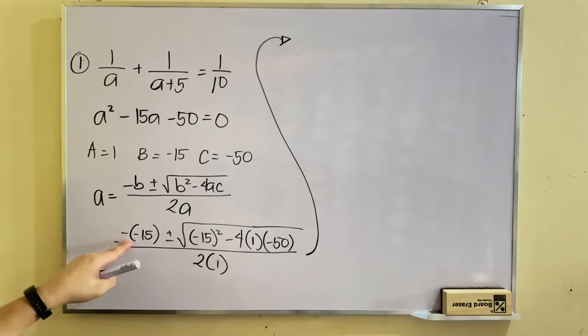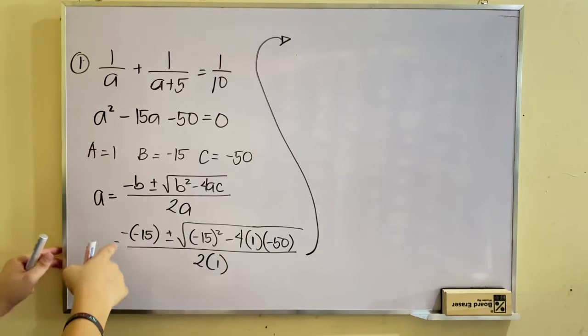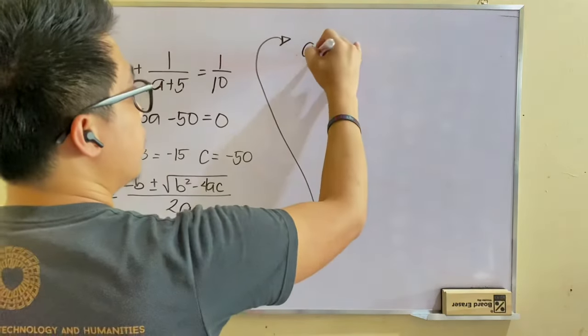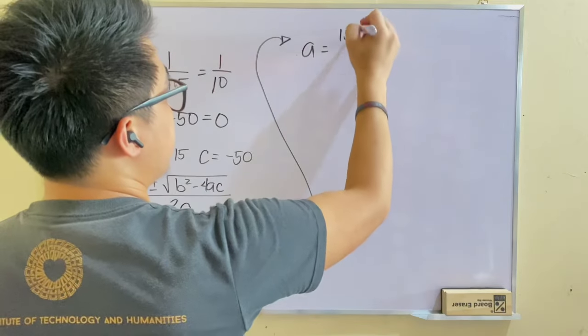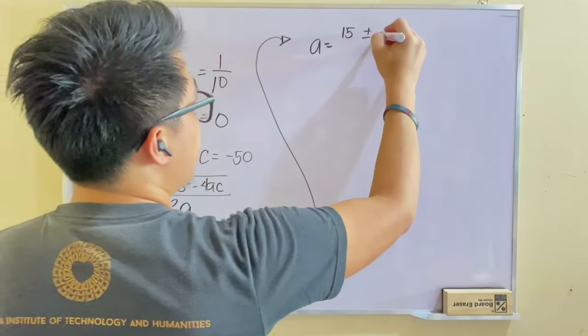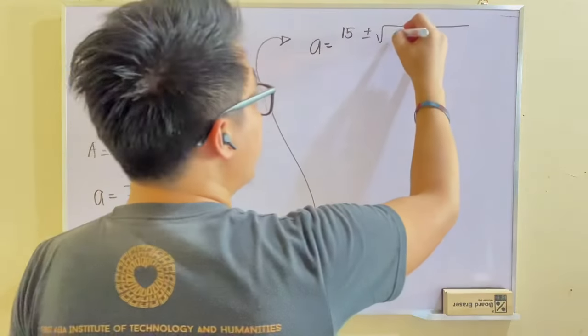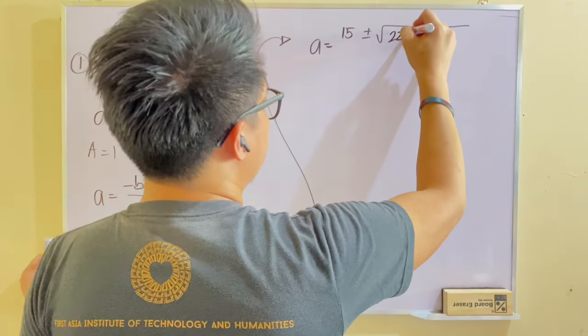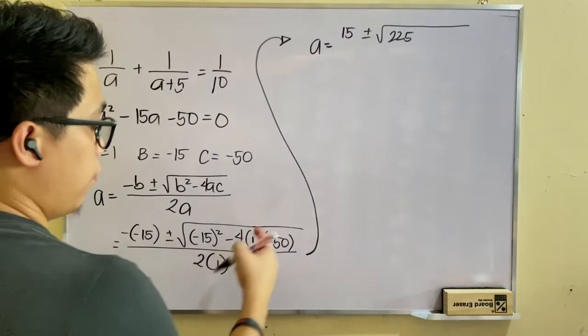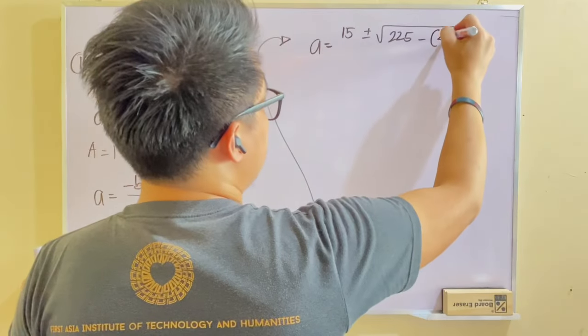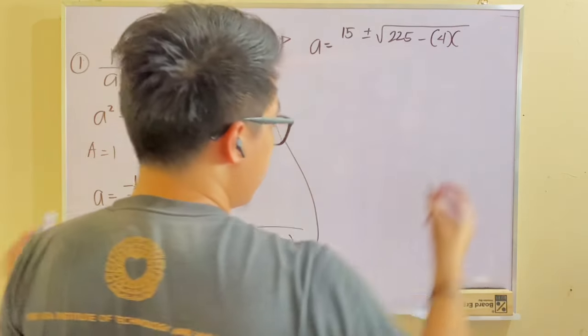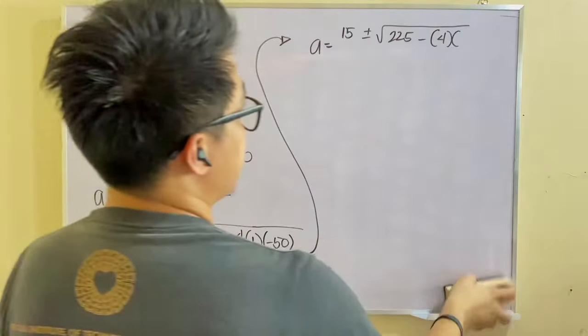Okay. Negative of negative 15, so negative times negative is positive 15, plus or minus square root of ano yung negative 15 squared? So, 225 minus 4 times negative 50. So, ano ang 4 times negative 50?